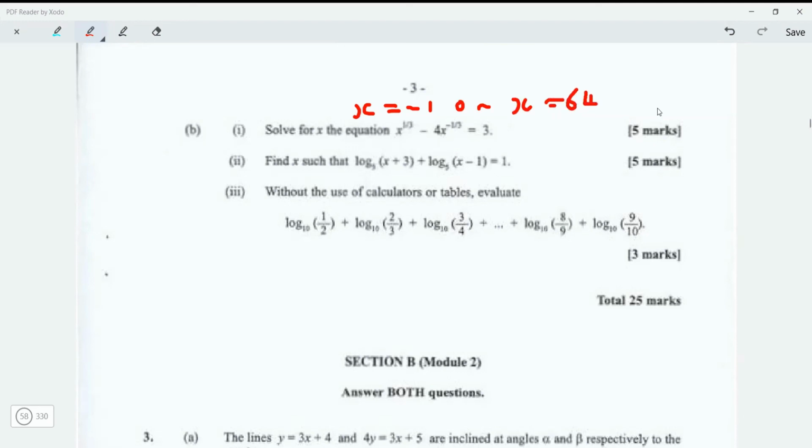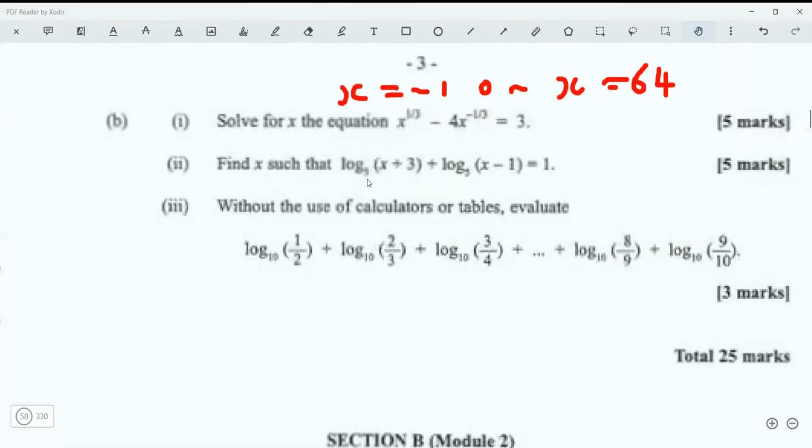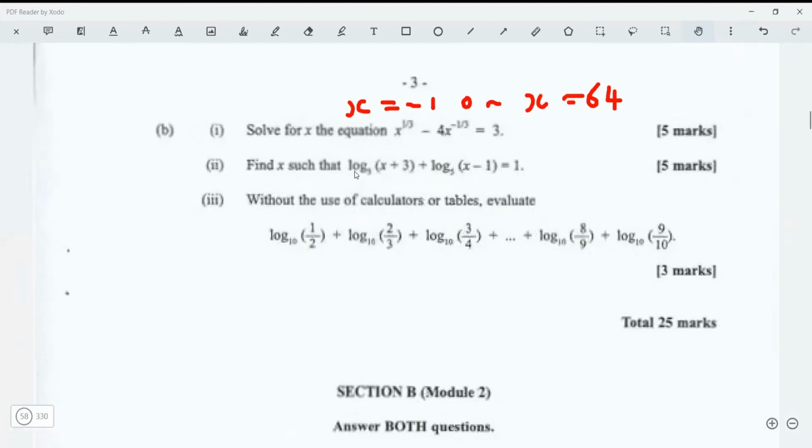All right, now the next part. The next part says find x such that the log to base 5 of x plus 3, is this 5? I think this is a 5. Yes, this paper is really blurry, and my apologies. I don't know why it is this blurry.